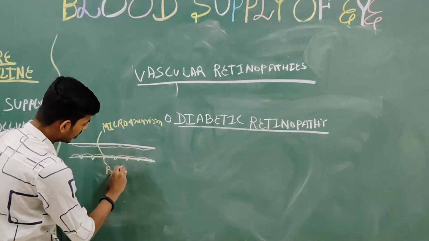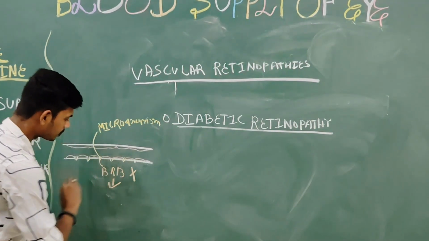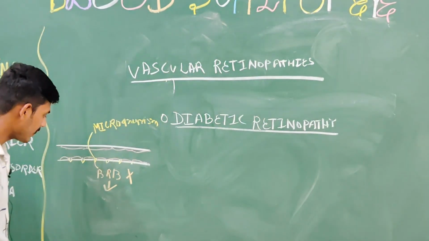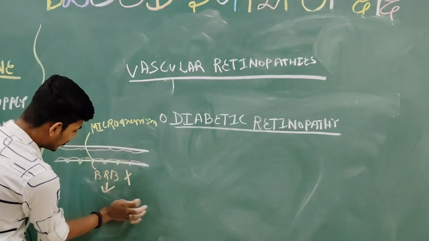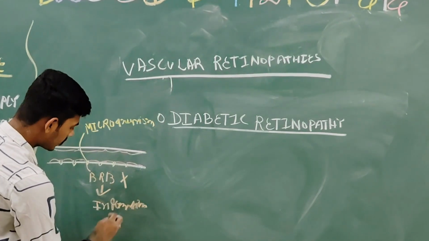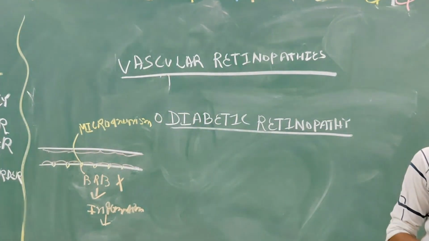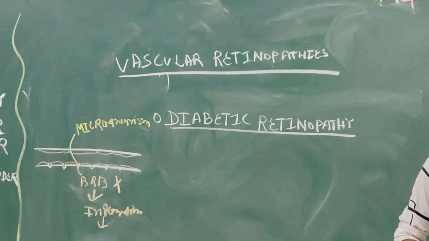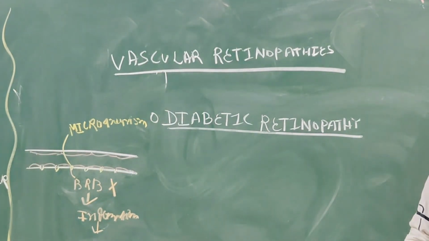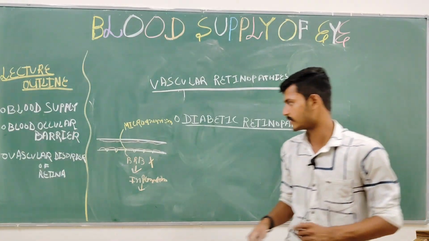So the blood retinal barrier is broken, and there is extravasation, the leaking of fluid into the retinal environment, and that leads to inflammation, meaning edema. If this ruptures, it leads to a special type of hemorrhage.